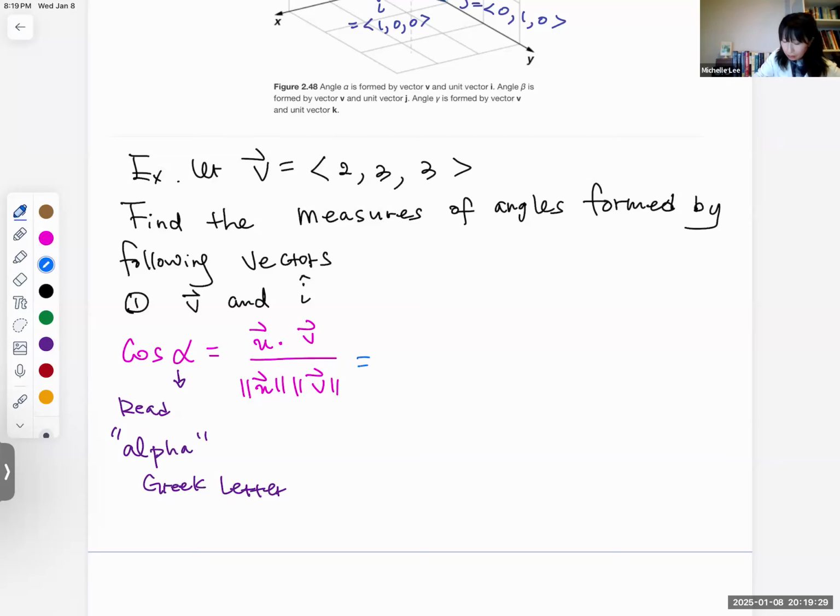That will be V dot i over magnitude of V times magnitude of i.